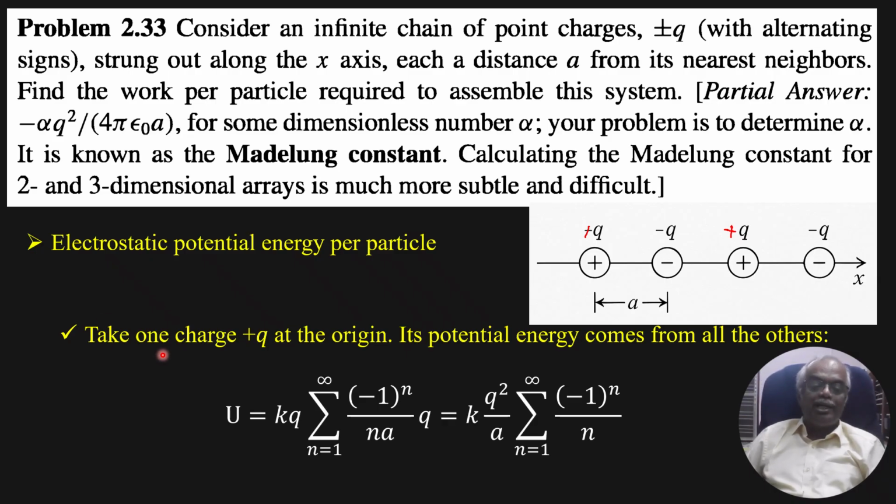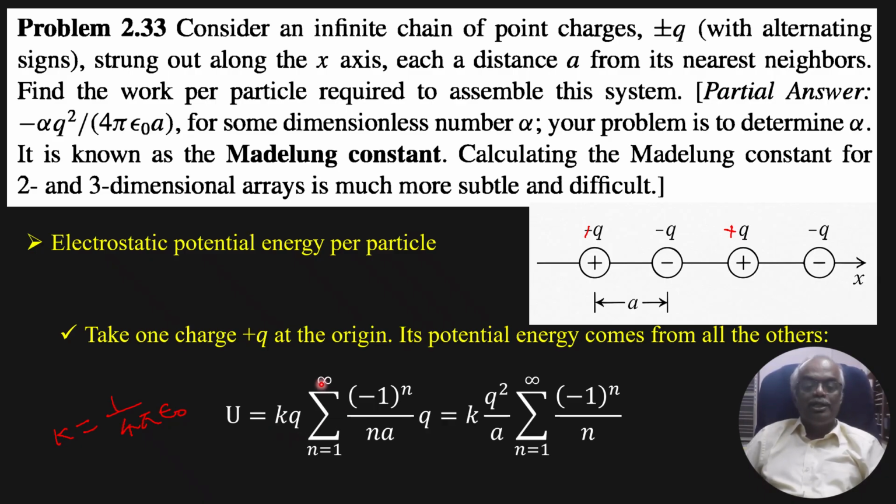So alternate plus and minus. Take one charge plus q at the origin. Its potential energy comes from all the other charges. So you can write the potential energy as kq, where k is equal to 1 over 4 pi epsilon naught. Due to mathematical simplicity, I always write this as k.